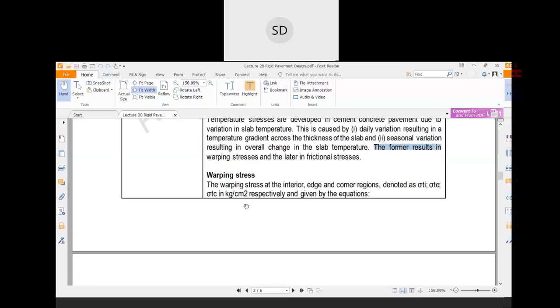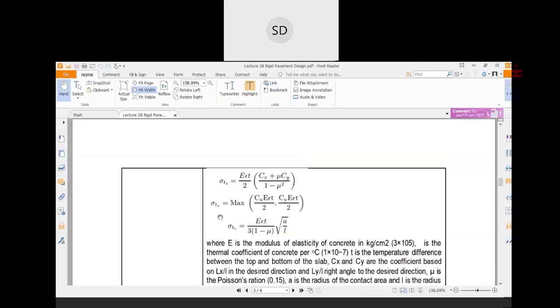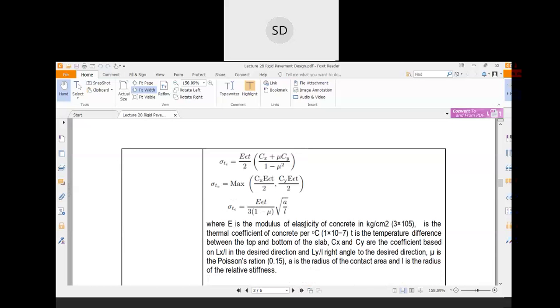So, warping stress. Why is warping stress generated? Warping stresses are generated because of the daily variations of the temperature. Warping stresses at the interior, edge and corner regions are denoted as sigma Ti, sigma Te and sigma Tc in kg per square centimeter respectively, and are given by these equations. Here E is the modulus of elasticity of the concrete in kg per square centimeter, which is 3 × 10^5, and epsilon T is the thermal coefficient of the concrete per degree Celsius, that is 1 × 10^-7.